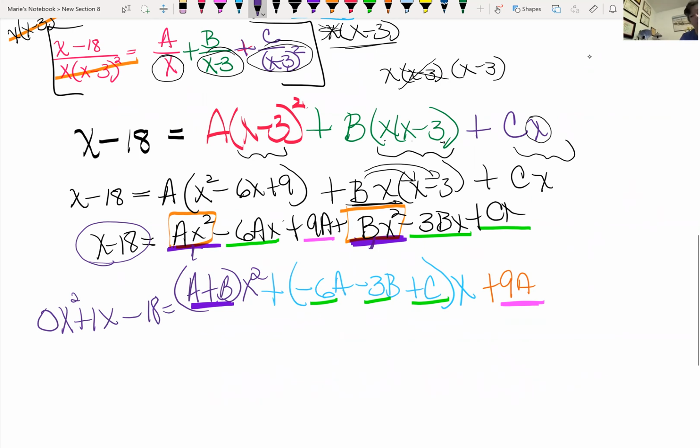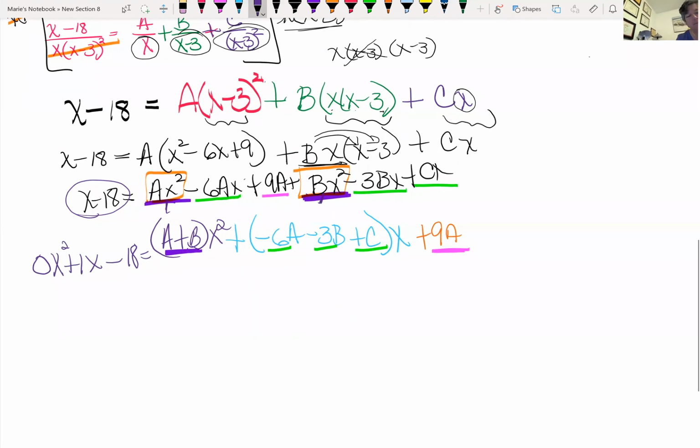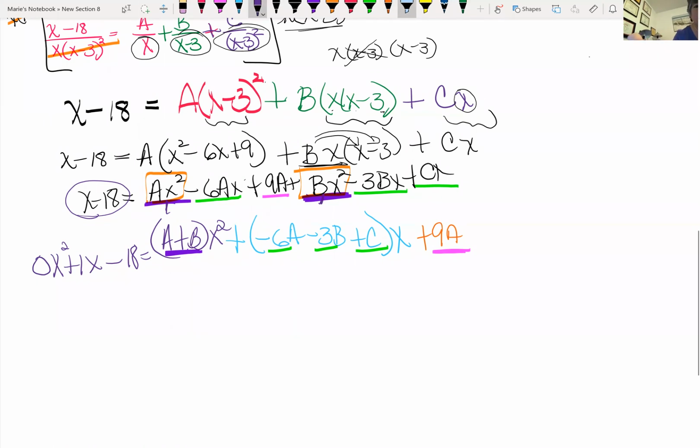So we now have a system of equations. Follow the a plus b. So a plus b has to equal 0. Follow this part here. That has to equal 1.